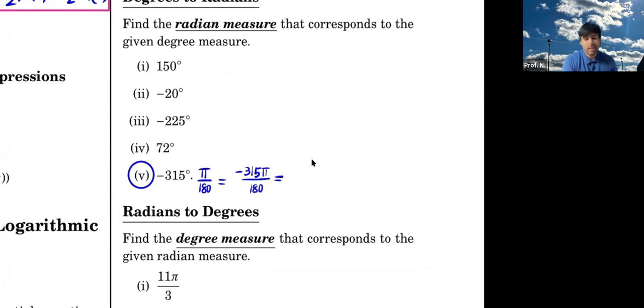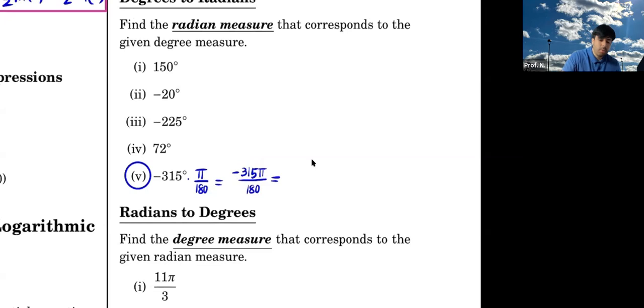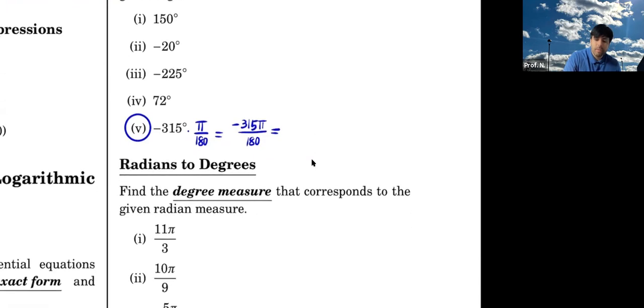Now I can simplify this further by seeing what factor 315 and 180 have in common. 15. So 315 divided by 15 is negative 21, and 180 divided by 15 is 12.